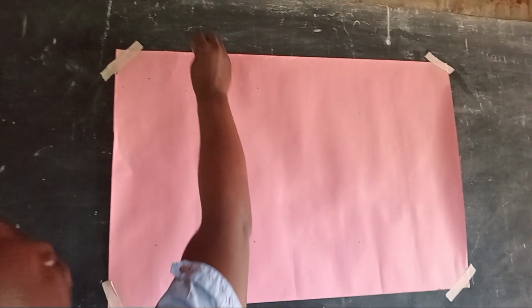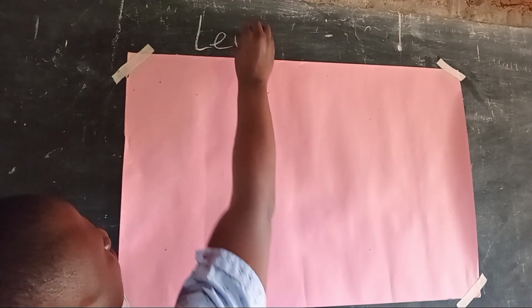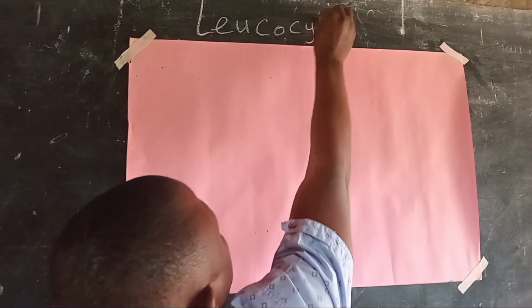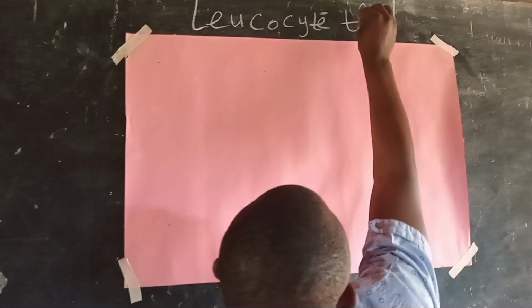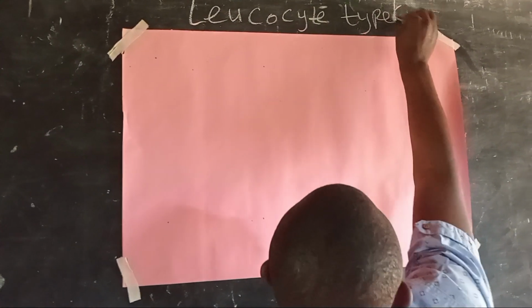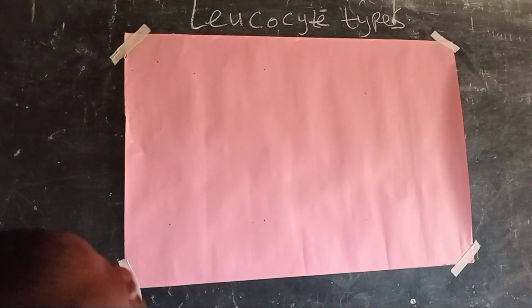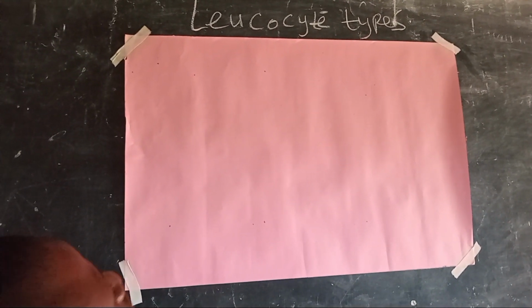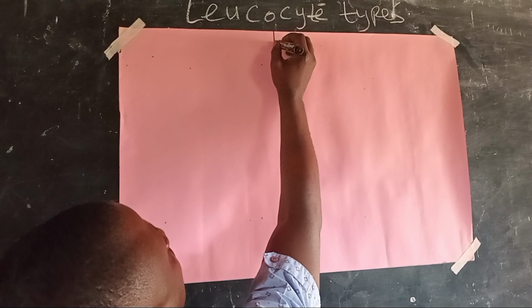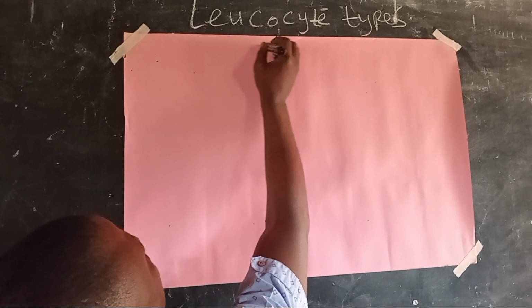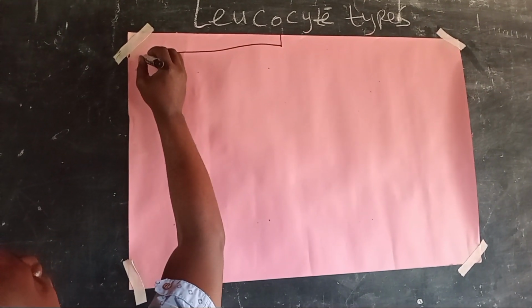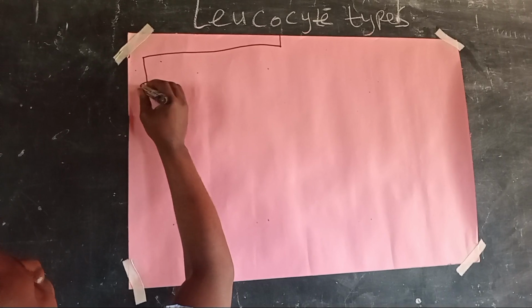Leukocyte types. The leukocytes are majorly of two types.